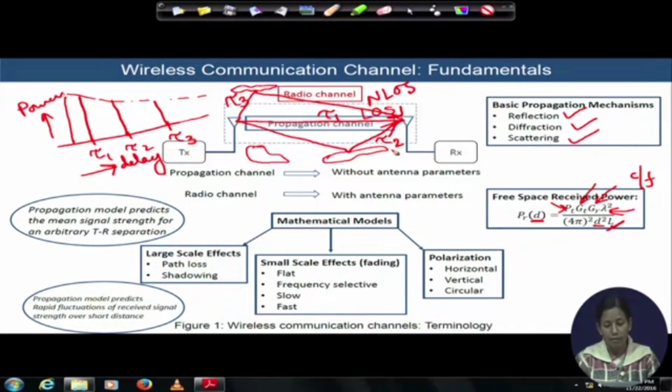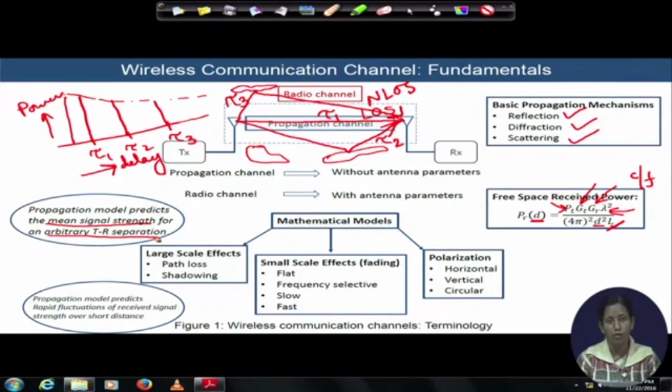And all these effects we can divide broadly into the large scale effects and the small scale effects of a channel. The large scale effects basically consider the path loss and the shadowing, and this large scale model basically predicts the mean signal strength that you are receiving for an arbitrary transmitter receiver separation.